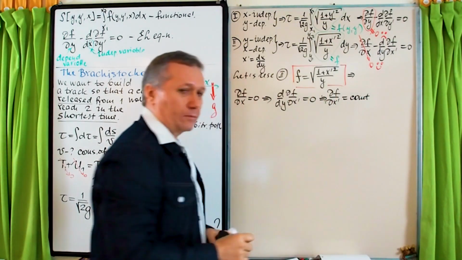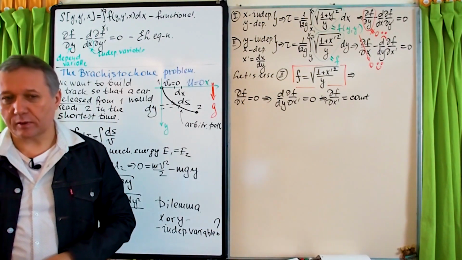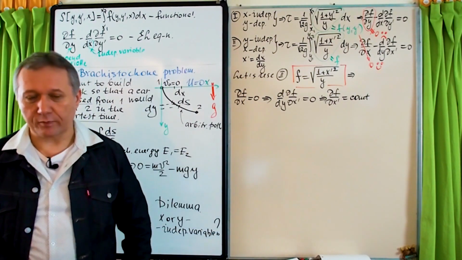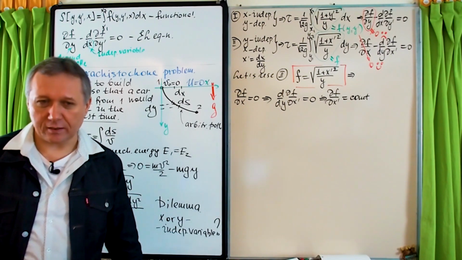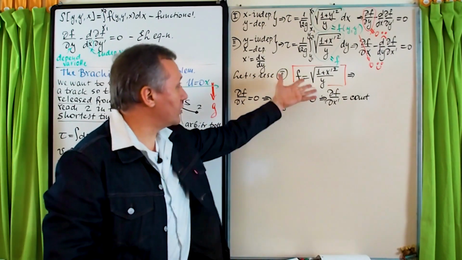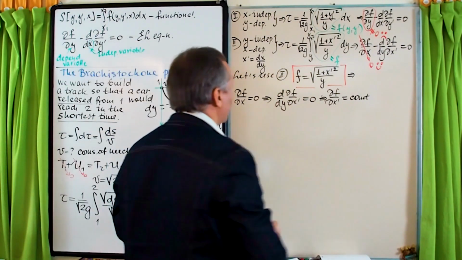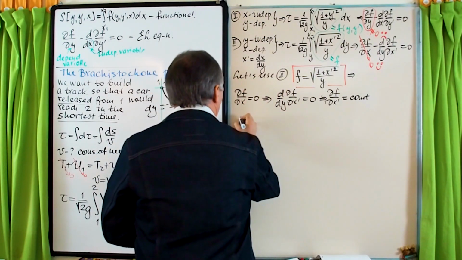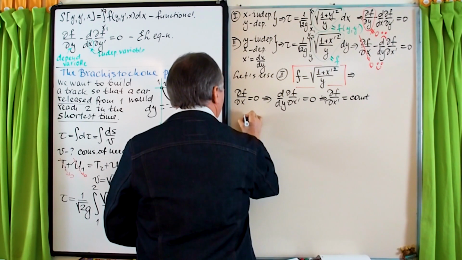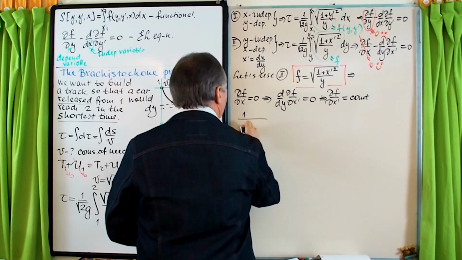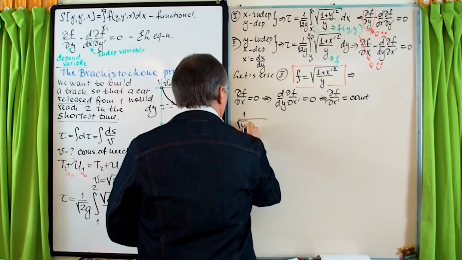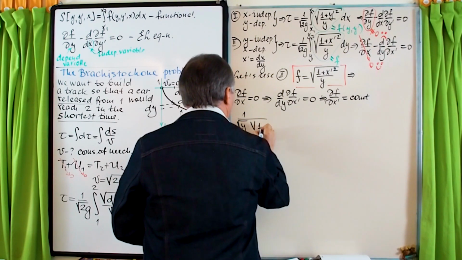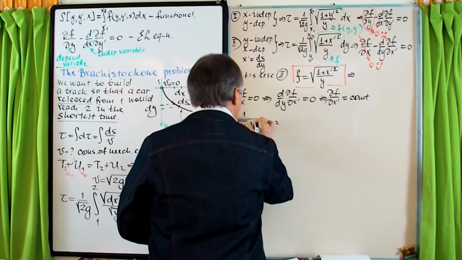Right now, I'm not introducing some particular form of the constant. I will do it in a couple of minutes. So let's differentiate with respect to x prime. So it will be 1, square root will go downstairs. We'll have square root of y, then square root of 1 plus x prime squared.